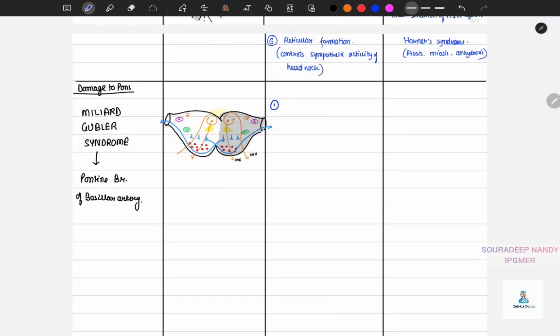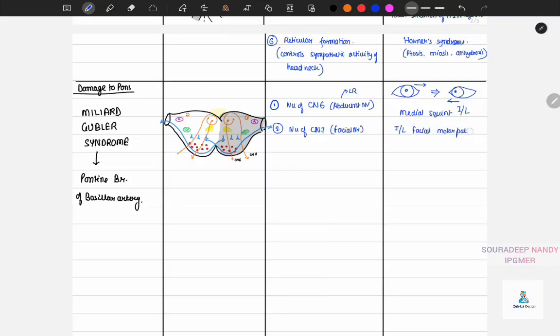Number 1, here is the nucleus of the 6th and 7th cranial nerves. The nucleus of CN6 is the abducens nerve, which supplies the lateral rectus muscle. The lateral rectus is responsible for moving the eye laterally, so if this is compromised, there will be ipsilateral medial squint. Second, there is loss of the nucleus of cranial nerve 7, the facial nerve, so there will be ipsilateral facial motor palsy.